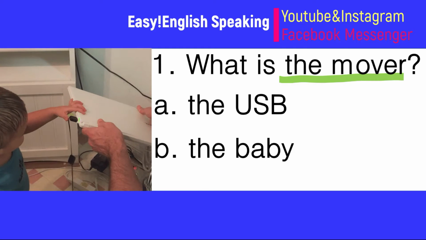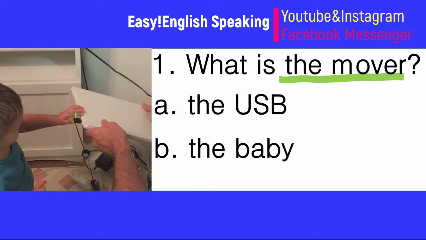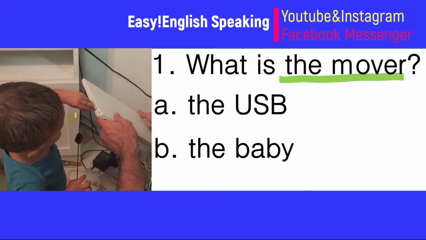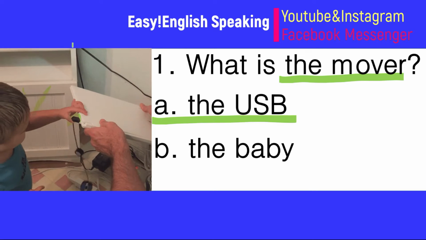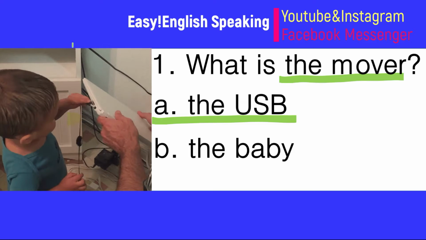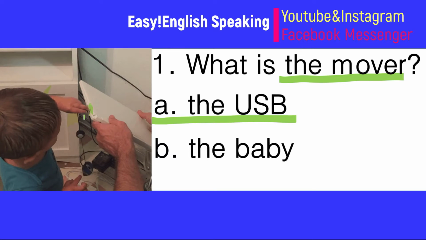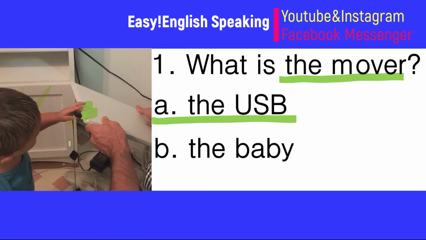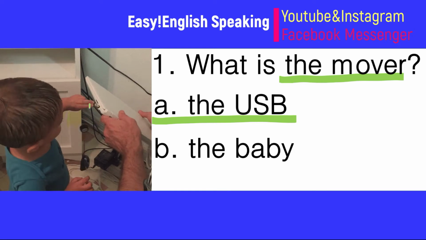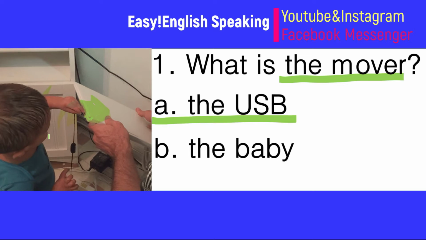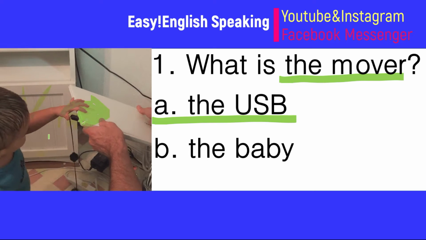You can say the movement or the motion is expressed by the USB. The baby is just sitting there, but what changes the location is the USB. First, USB was somewhere here, right? And change of the location. So the mover is the USB.